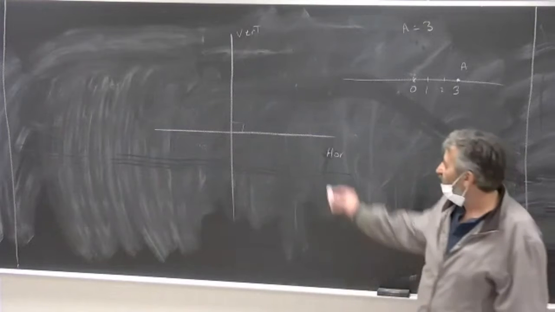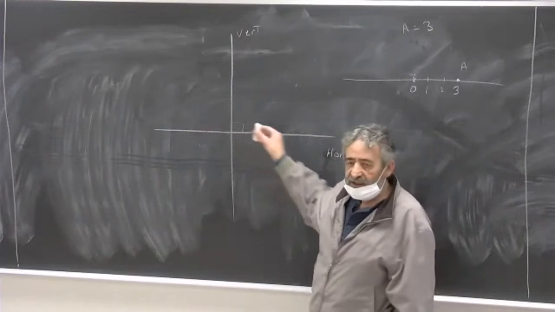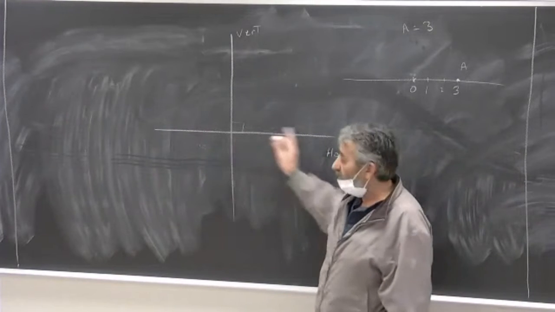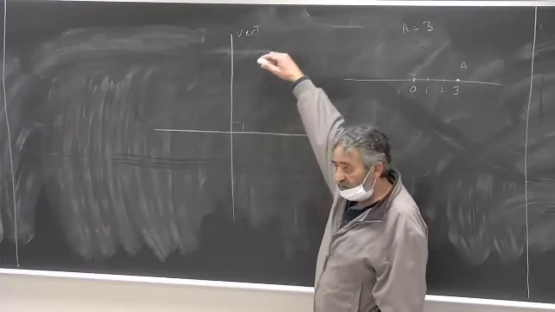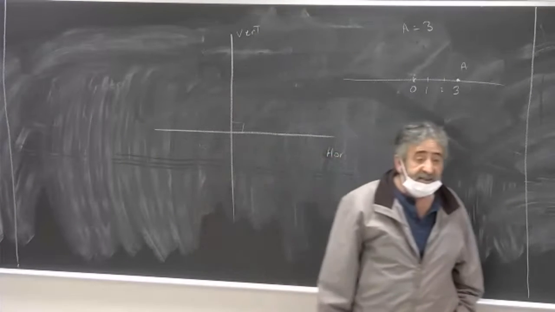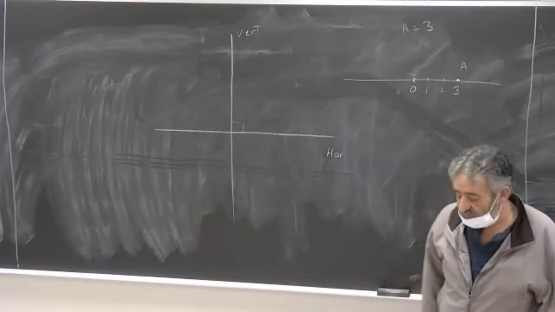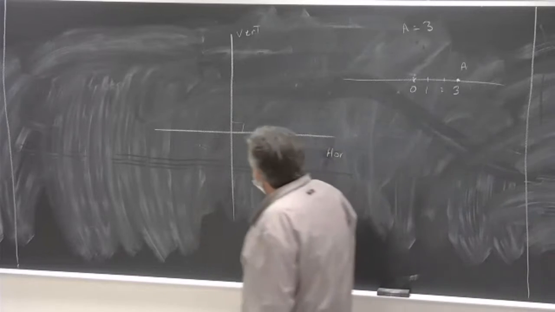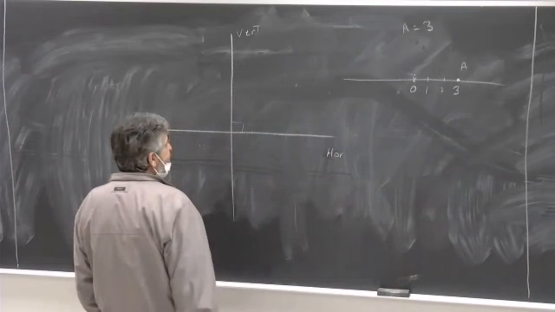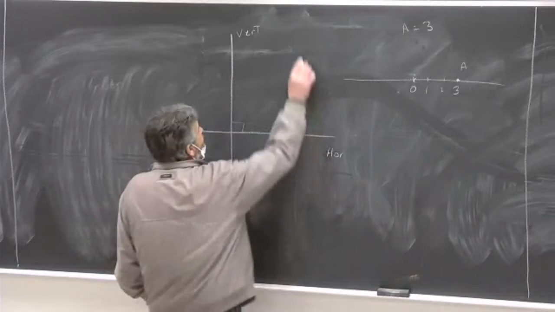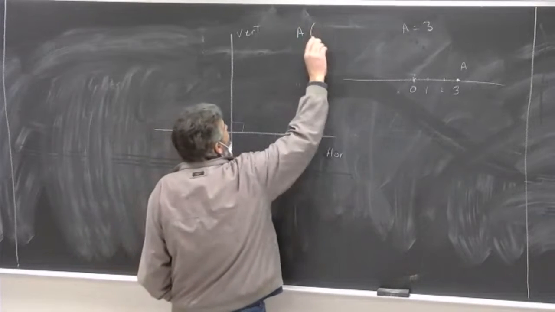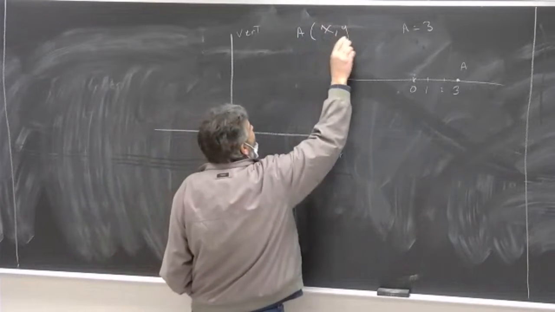We're saying how far it is on the x-axis, or the horizontal line, and how far it is on the vertical line, and this is the location of that particular point. So suppose we have a point A with some x, y value.